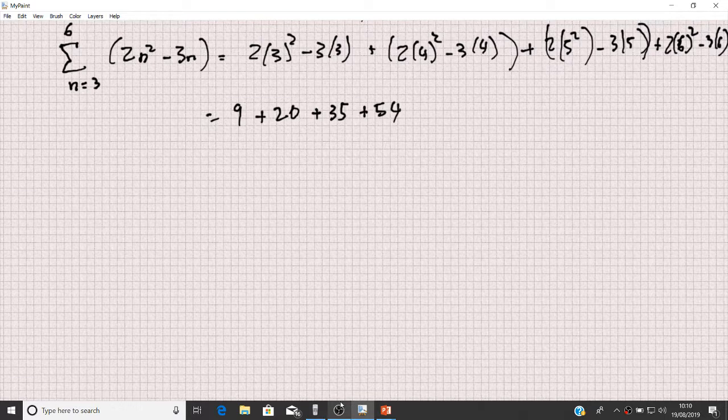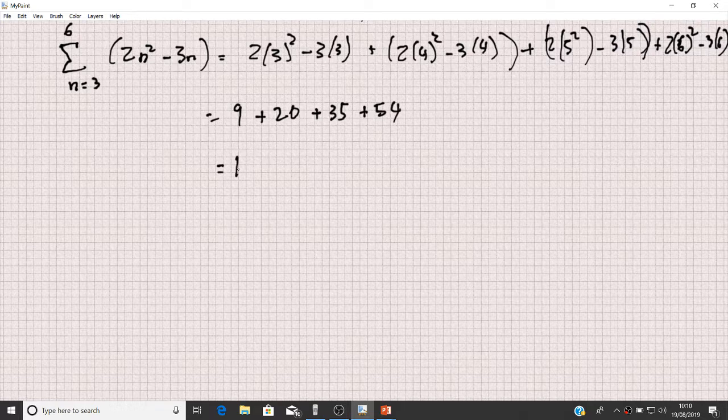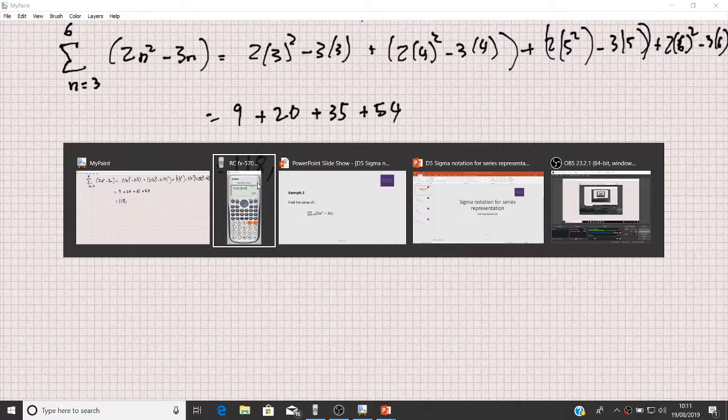So that will finally give us 9 plus 20 plus 35 plus 54, which is 118. Okay, so that's the answer for the second example. 118 is the sum of that series.